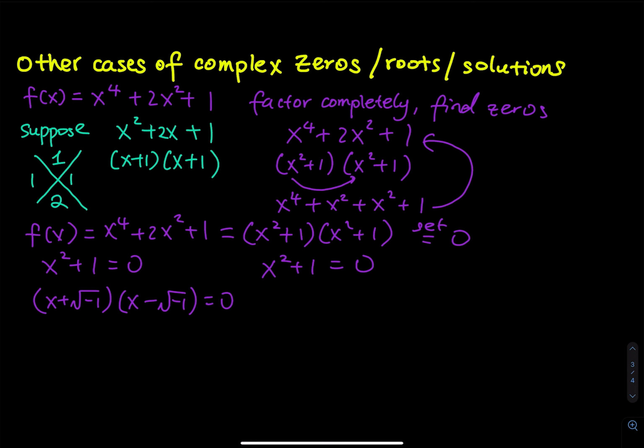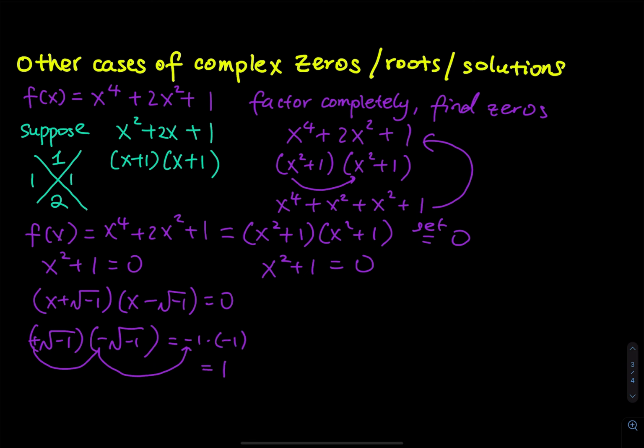When you have this times that, the plus times a minus, you have a positive square root of -1 minus negative square root of -1. Okay, so plus and minus, that gives you a -1, and then square root times square root, you simply remove the square root, so you get your 1 back. The 1 is the positive one right over there.